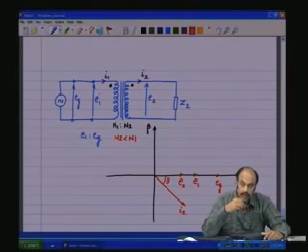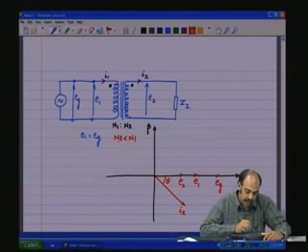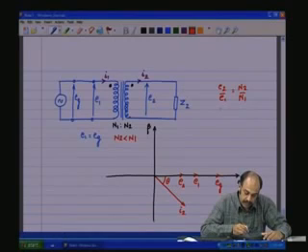What happens to I1? Now we see that N2 is less than N1. We know that E2 by E1 equals N2 by N1. So E2 is N2 by N1 into E1, which is less than E1, and I1 by I2 equals N2 by N1.